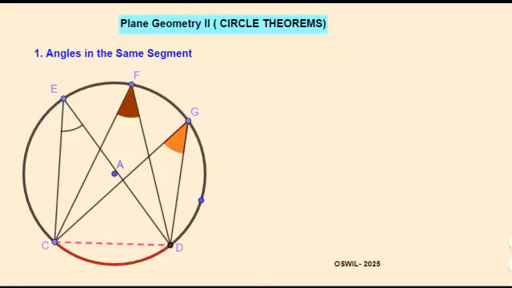Okay, what do you see? You can see that angle CED is the same as angle CFD. Now let me move angle CED again and place it on CGD and see what would happen.